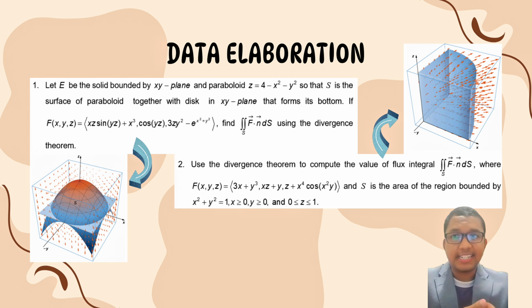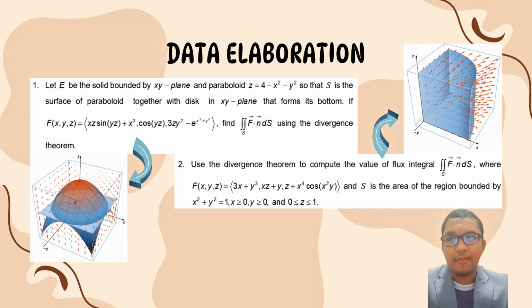Okay, next I'll explain the data elaboration. Firstly, let E be the solid bounded by the xy plane and the paraboloid z equals 4 minus x squared minus y squared, so that S is the surface of the paraboloid together with the disk in the xy plane that forms its bottom.